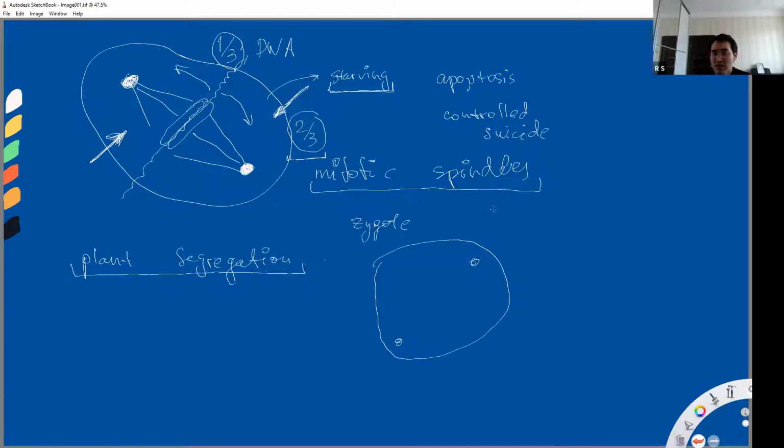So during the development of the spermatozoa or oocyte, we might have these segregation problems, and this will lead to an additional chromosome in one part. So we have a plus chromosome here, and here we have a minus chromosome. So these for sure will die.